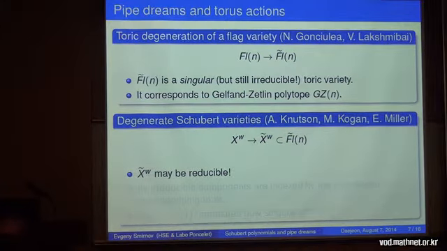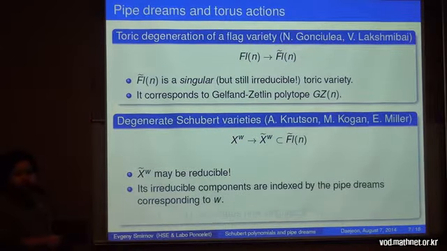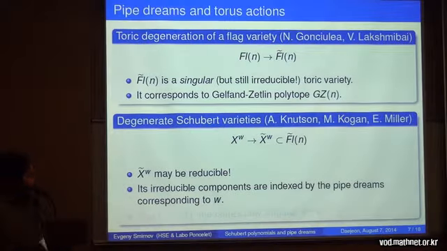Of course, it will also be singular, but it's even worse. It's reducible, and its irreducible components are indexed by the pipe dreams corresponding to this permutation W. So the pipe dreams index the irreducible components of the toric degeneration of my Schubert variety.